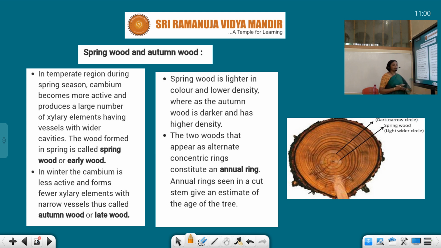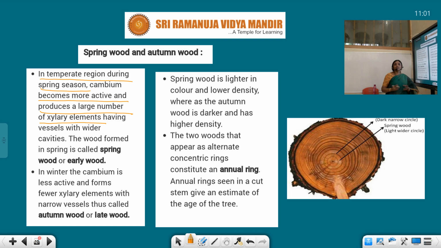At that time, in temperate regions during the spring season, the cambium becomes more active and produces a large number of xylem elements.